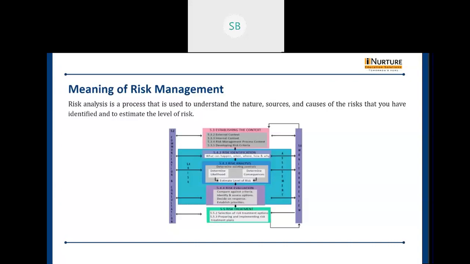That is why we go for the analysis of the risk. I keep mentioning that it's not possible for an organization to completely remove the risk, but they can reduce the impact of the risk, right?